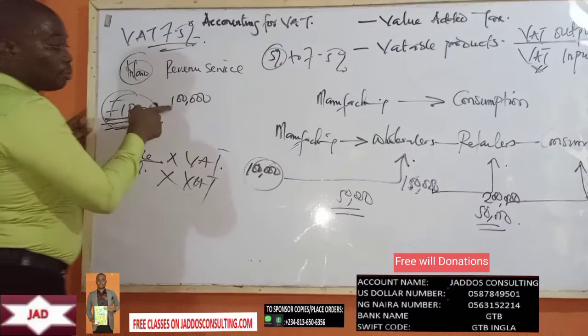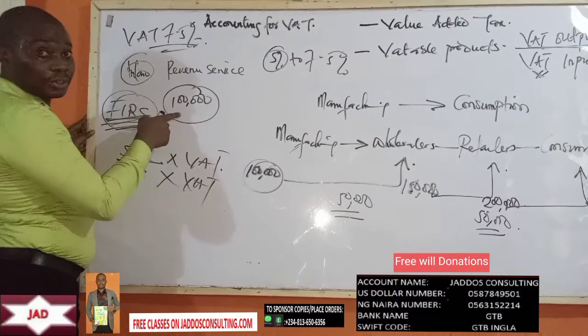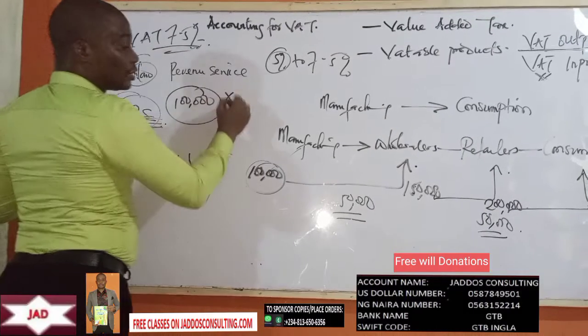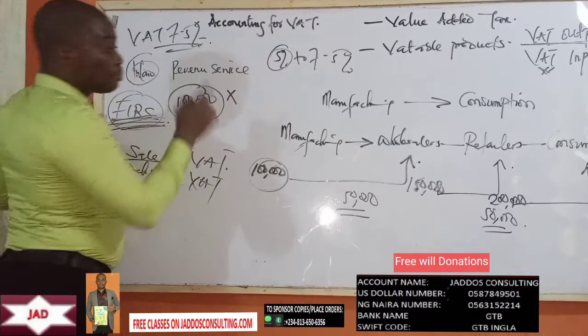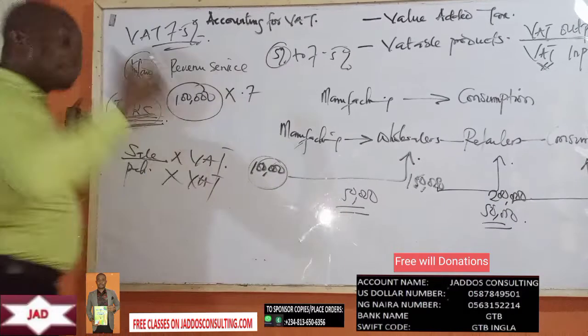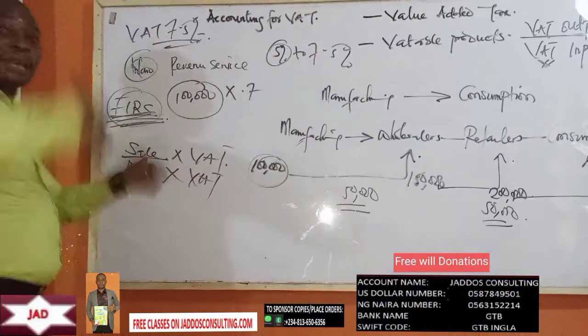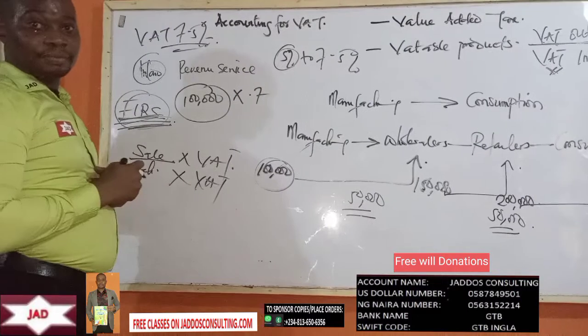So if you're purchasing a product at 100,000, the guy is going to send his invoice and apply 7.5% VAT.